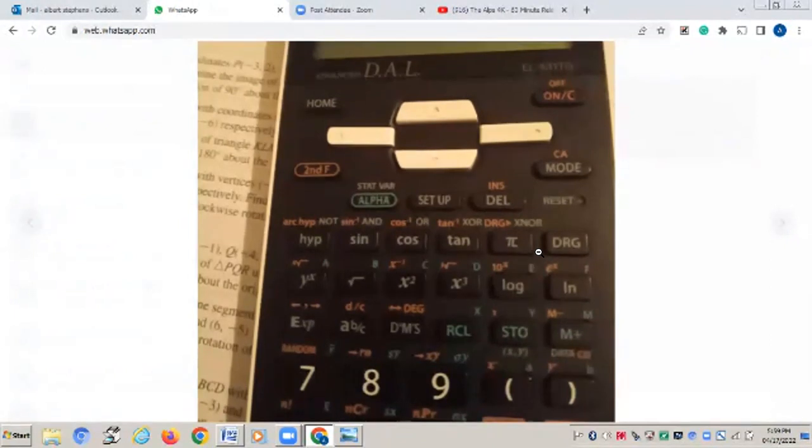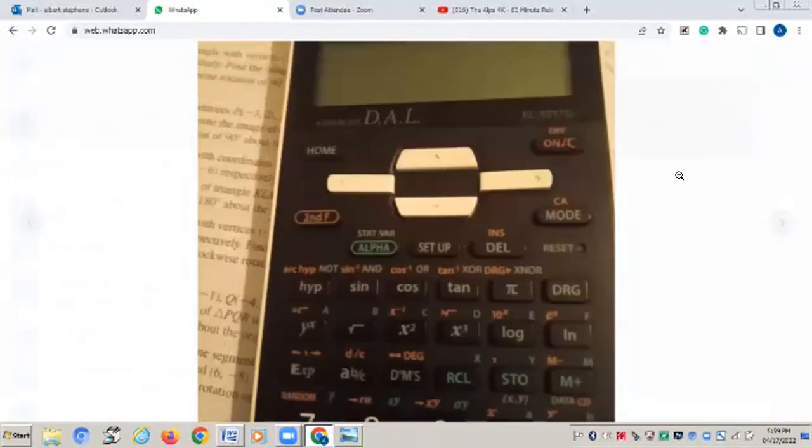Sometimes we accidentally catch it and it's not in D mode. It's actually in R or G mode, because if you just press that button, it will change. That's a caution. But you can still reset the calculator. So that's very important.